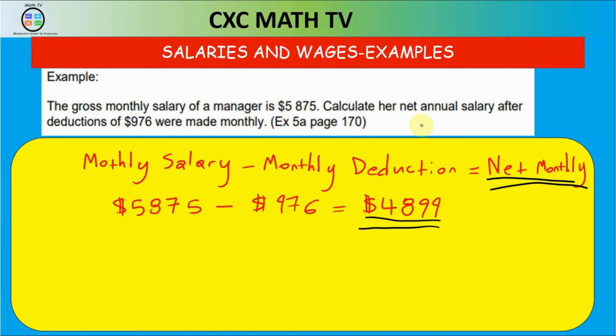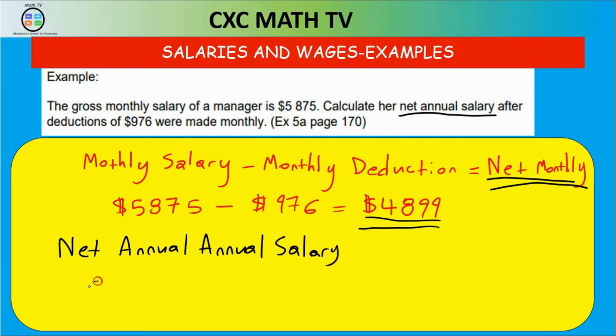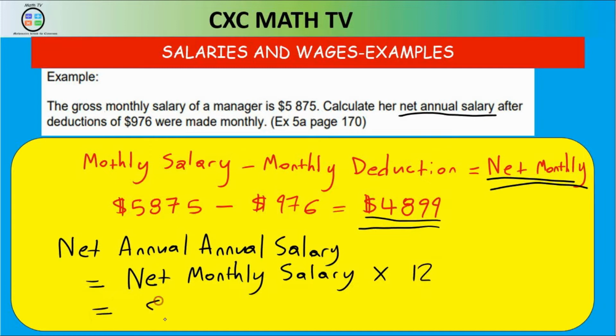So now to find her net annual salary, we just say that the net annual salary is equal to the net monthly salary times 12. And so we multiply the net monthly salary that we just worked out, 4,899 times 12.